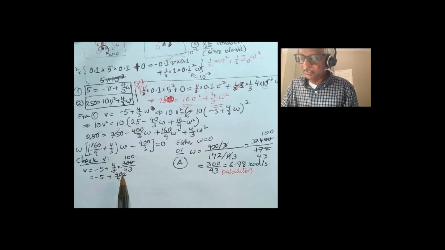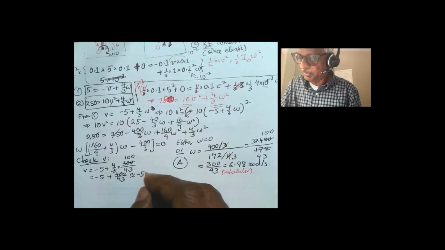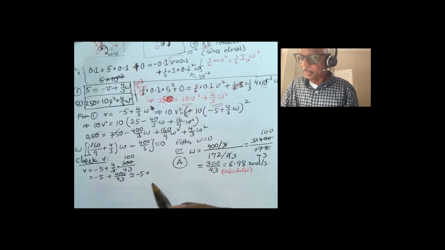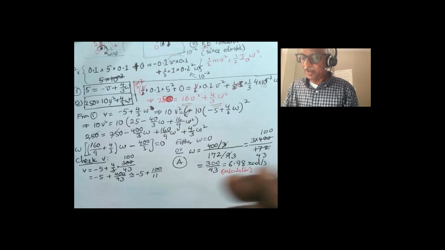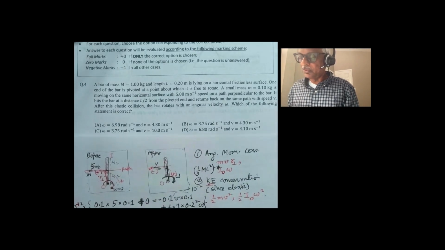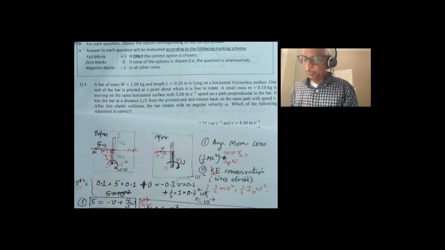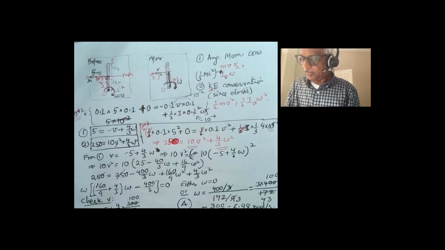Even if you didn't have a calculator at this stage, you could just make this guy 44 or something like that, so it's like 100 over 11, which is 9 point something, like 9.1.